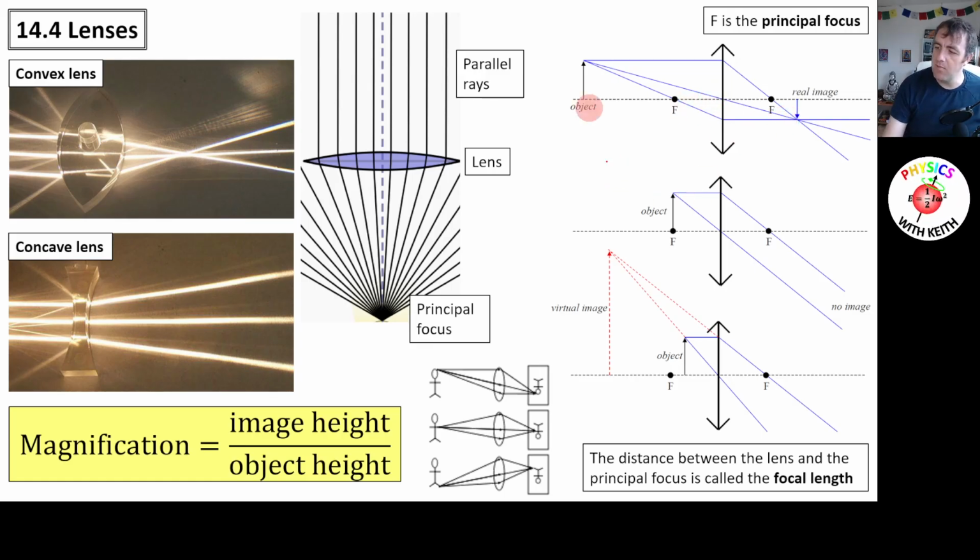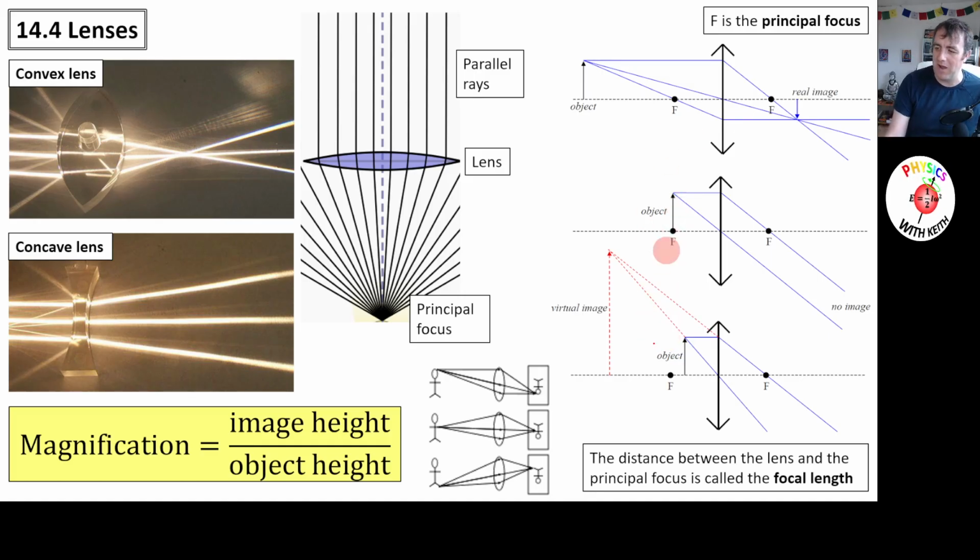Now you can see if I place the object on the near focal point, I say near because it's near to the object, I've got a problem here because the third principal ray, which passes through this point up here, cannot pass through the focal point and then pass through the lens. It can't.